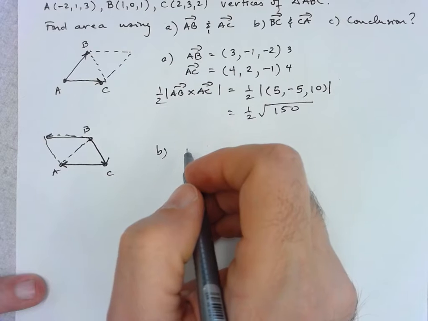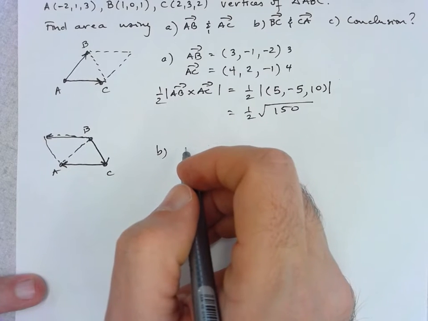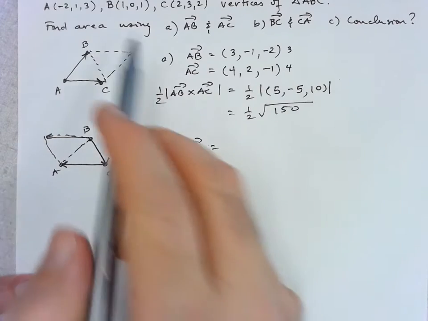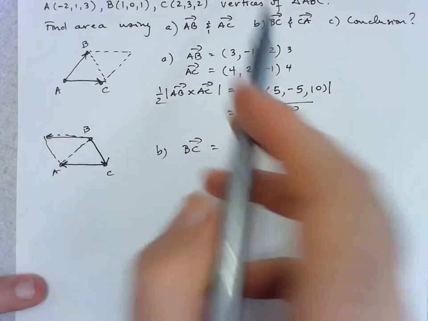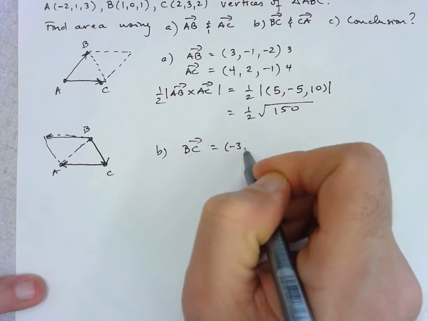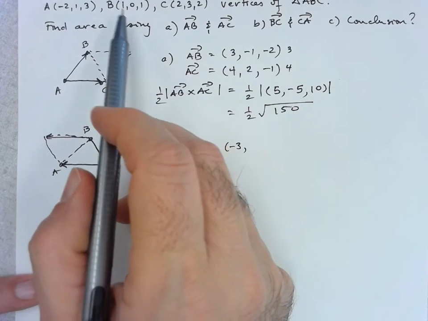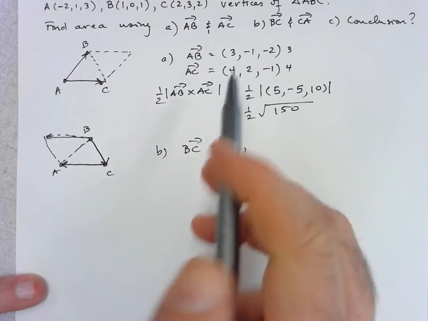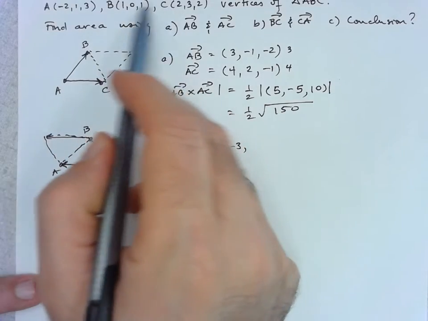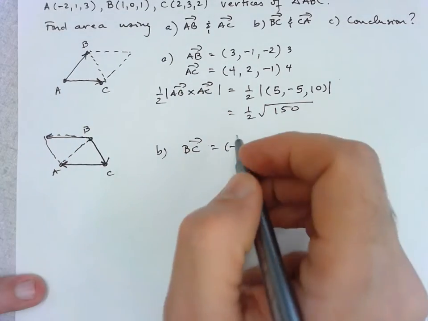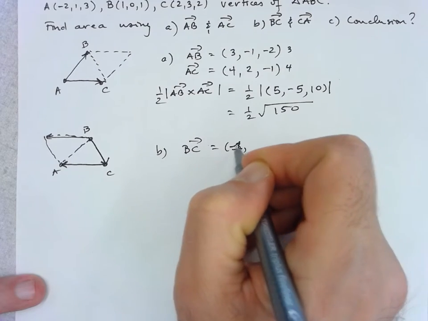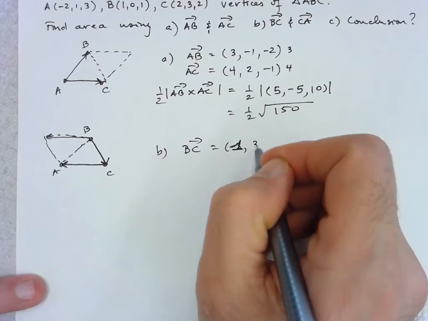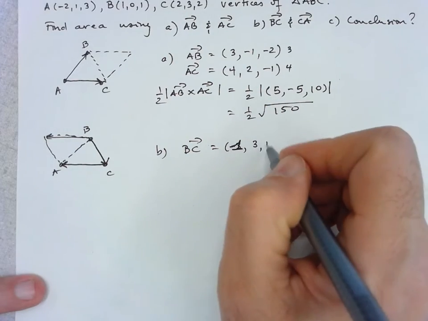So first let's find BC. Negative 2 minus 1 is negative 3. Oh, sorry, I just realized I did the wrong one. So BC, let's try again. 2 minus 1 is 1, 3 minus 0 is 3, and then 2 minus 1 is 1.